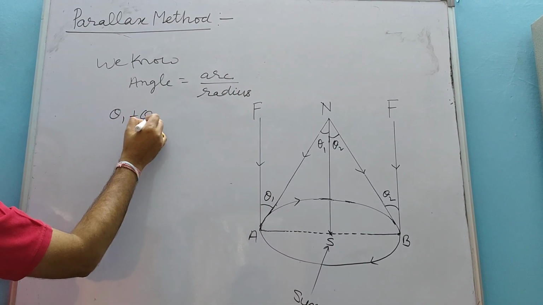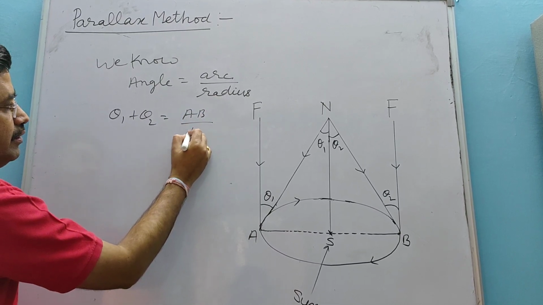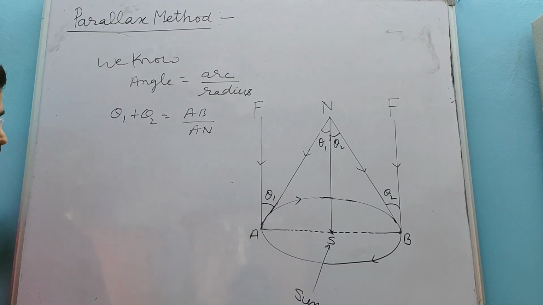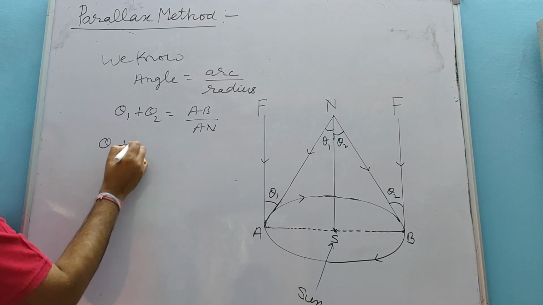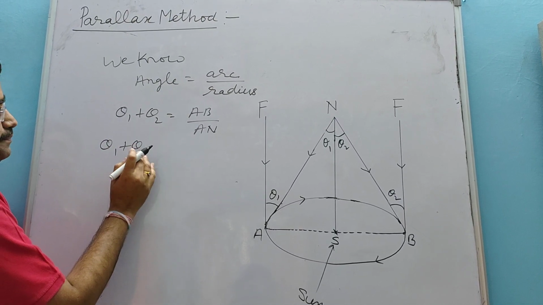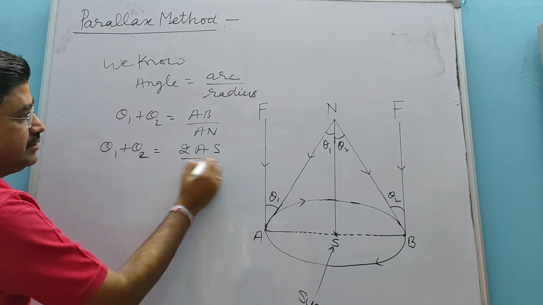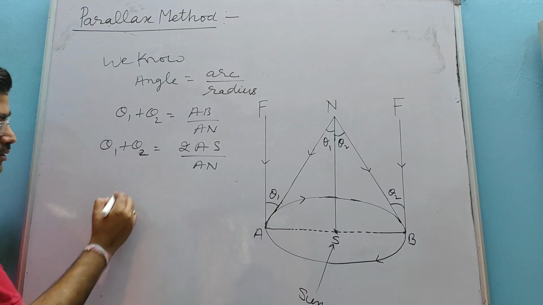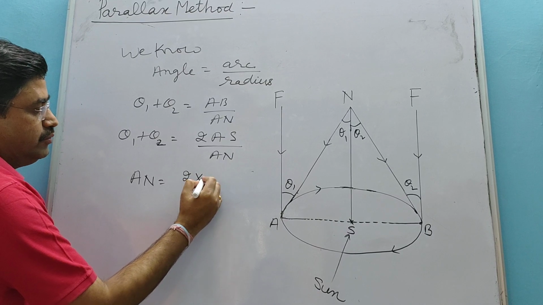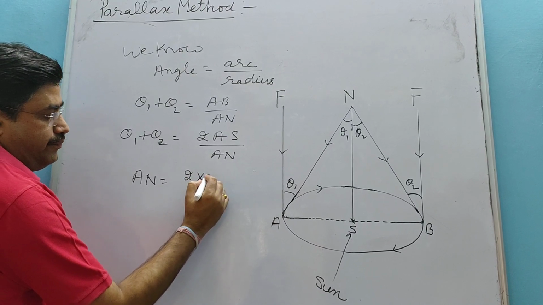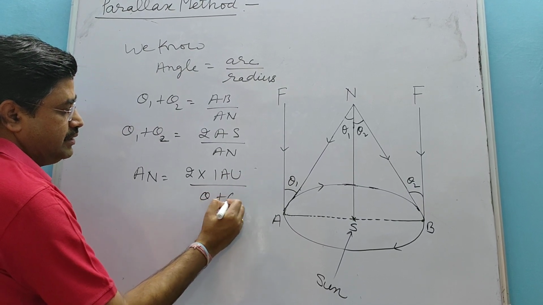Theta 1 plus theta 2 equals AB upon AN. Okay, I can write theta 1 plus theta 2 equals AB, which is twice of AS, upon AN. AN equals 2 into 1 AU upon theta 1 plus theta 2.